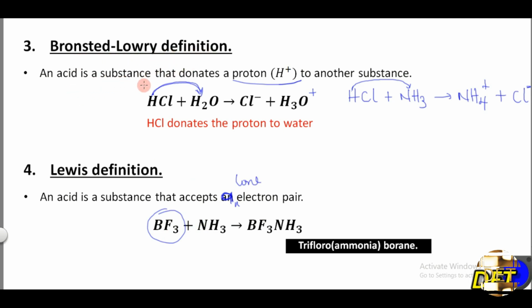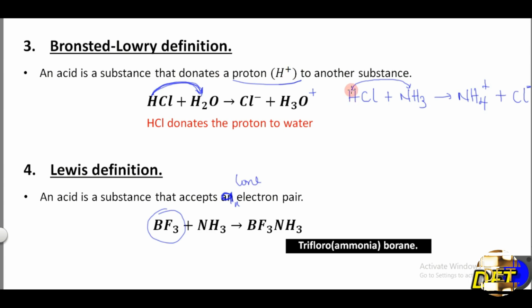It is a substance that donates a proton. So, like I said, this hydrogen chloride will donate hydrogen to this water to form hydronium ion and chloride ion. Because it donates hydrogen to this water, it is referred to as an acid. So Bronsted and Lowry's definition defines an acid as a substance that donates a proton to another substance.